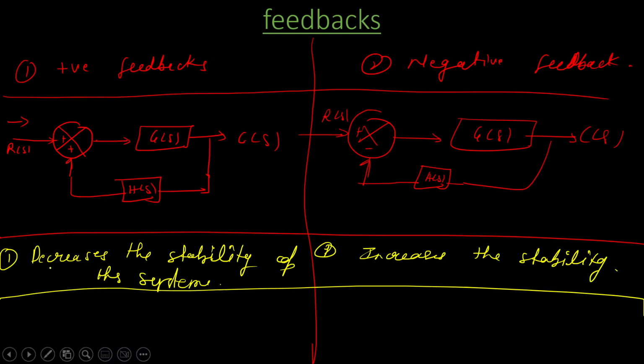And the second difference is, here we know that this is positive sign and this is negative sign. So in case of positive feedback system, the output of this adder will be RS plus HS into CS, whereas in case of negative feedback system, the output of the adder will be, with negative sign, RS minus HS into CS.